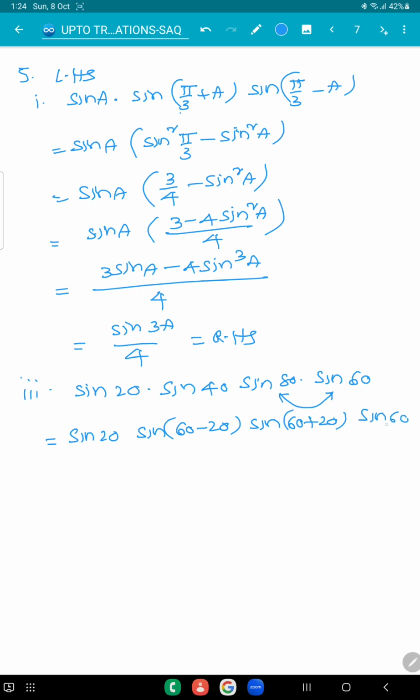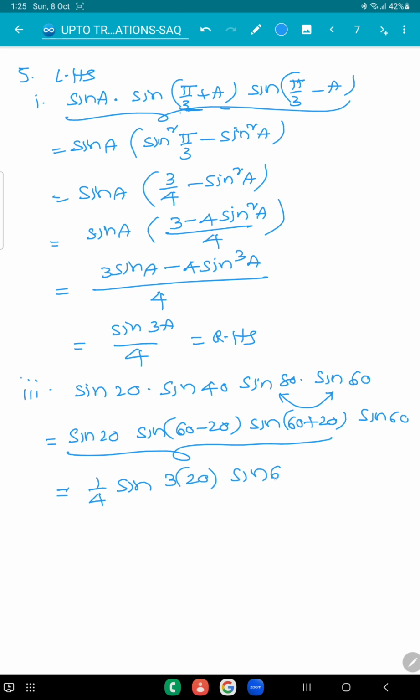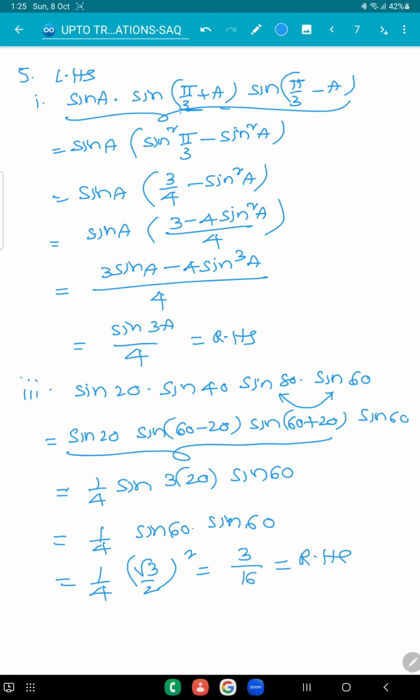Sin 60 is as it is. If you consider these three by using this result, sin theta, sin 60 plus theta, sin 60 minus theta, that is equal to 1 by 4 times sin 3 theta. 3 into 20 is 60. So 1 by 4 times sin 60 into sin 60. So 1 by 4 sin square 60, root 3 by 2 whole square. So that is equal to 3 by 16. It becomes right hand side.